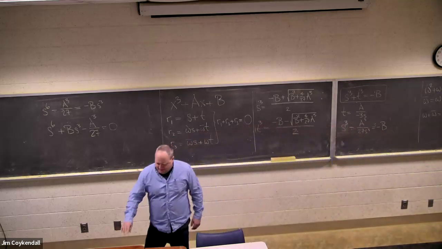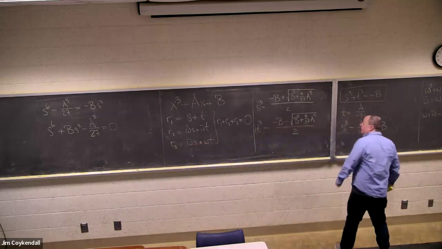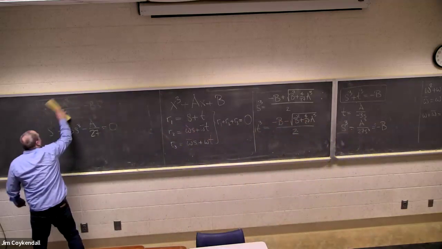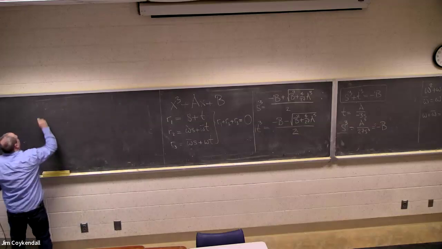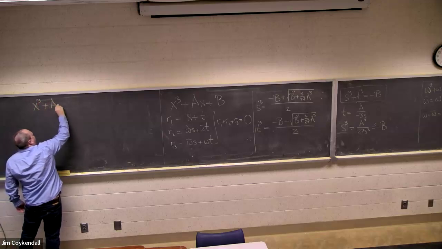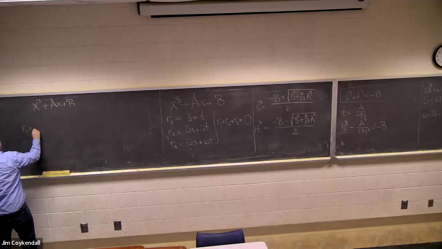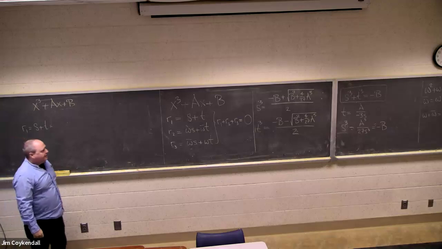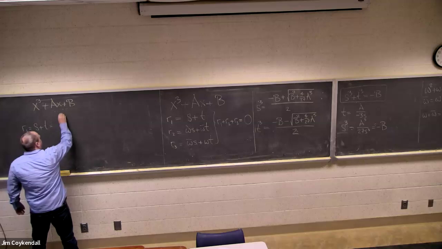So this gives us our solution. It gives us one of the roots. That's plus b. So it's the cube root of the first thing plus the cube root of the second.